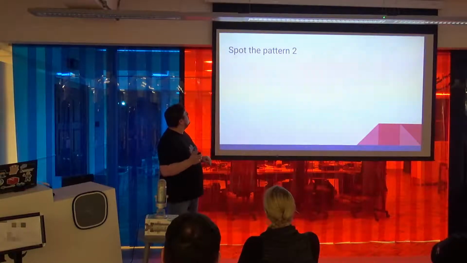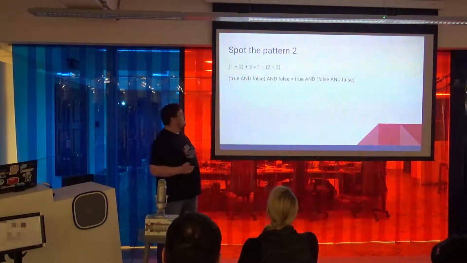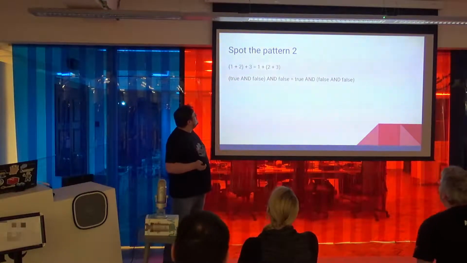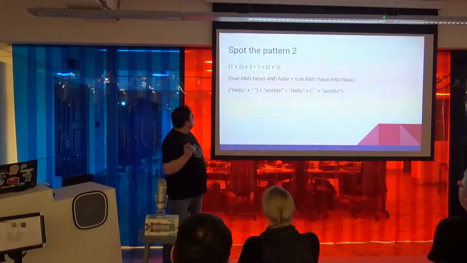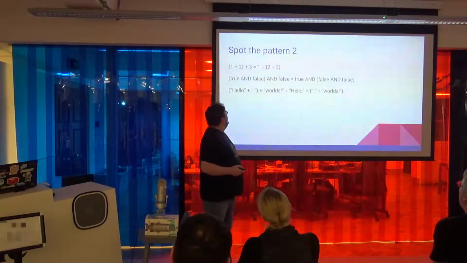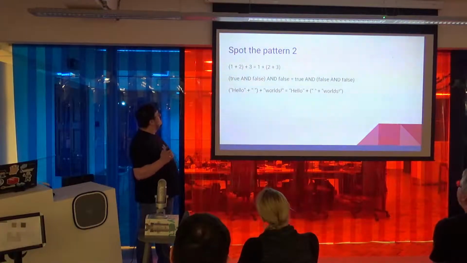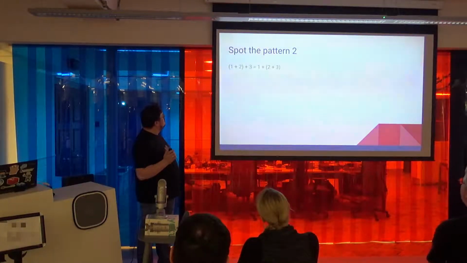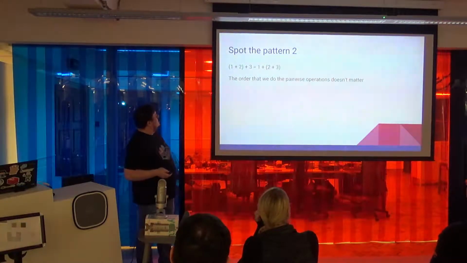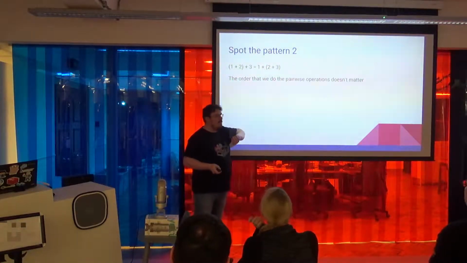So let's go for another pattern. Sorry, this maths is getting even more advanced. Got parentheses now. And yeah, the S has appeared. There's another pattern here, which is that the order we do pairwise operations in doesn't matter.